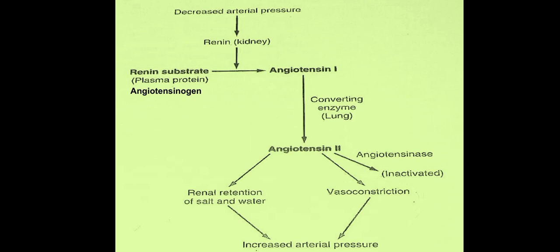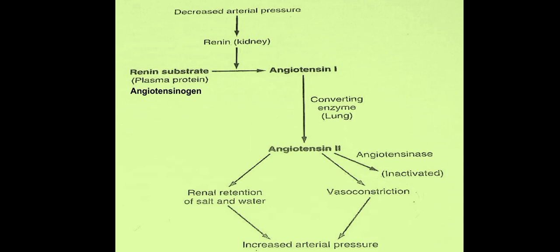That means it will reabsorb, almost like ADH, more water and more salt in the body, thereby decreasing the excess excretion of salt and water through the urine. So one function of angiotensin 2 is the retention or reabsorption of more salt and water.